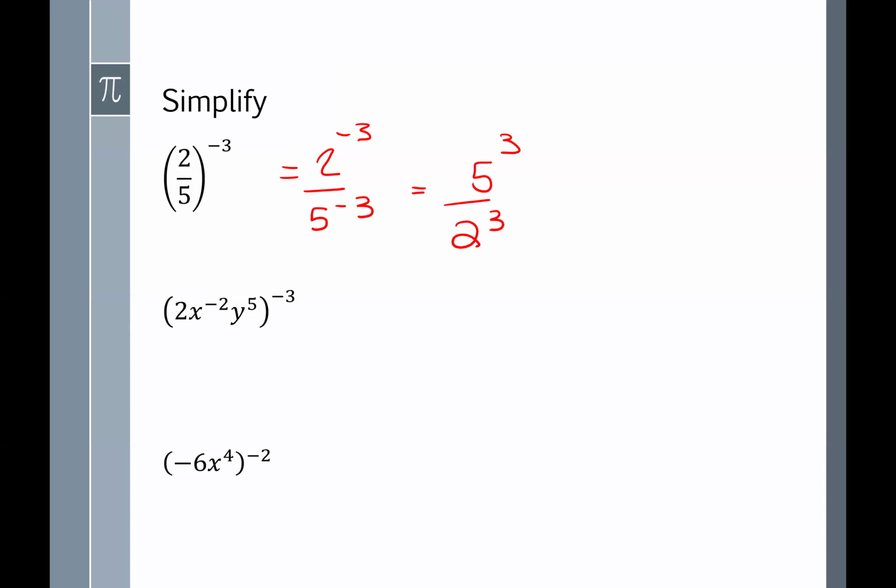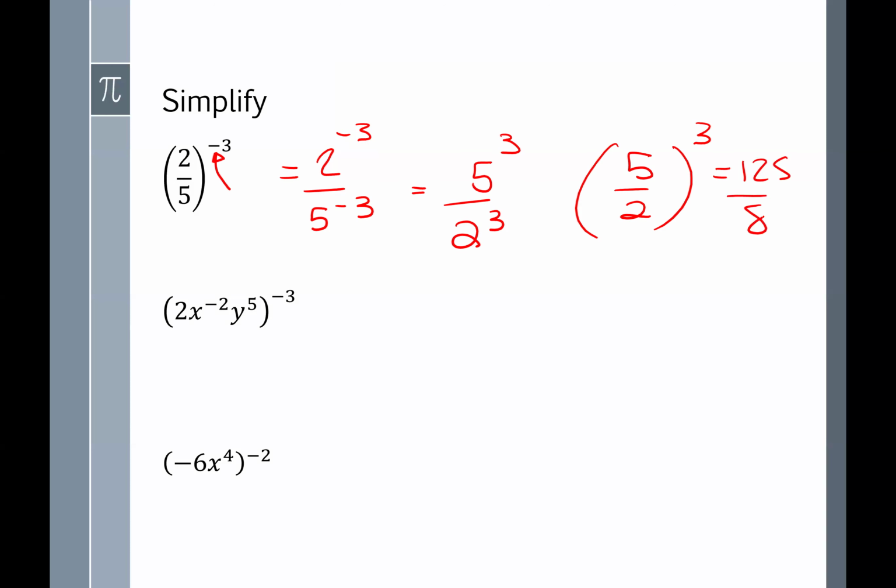But the easier thing to do is just to take the reciprocal of the fraction and raise that to the positive power. Can I do that? Yes, because that's what it means. This means reciprocal. So you flip that thing over and raise it to the third power, whatever that is, 125 over 8.